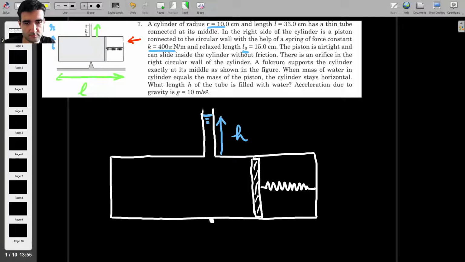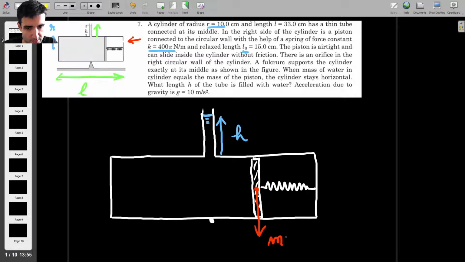In other words, the moment that's trying to rotate the cylinder one way is balanced by another moment trying to rotate the cylinder the other way. So there are two moments acting. The first one is due to the weight of the piston, which is acting here.